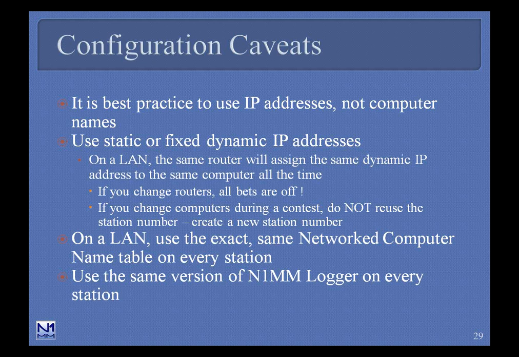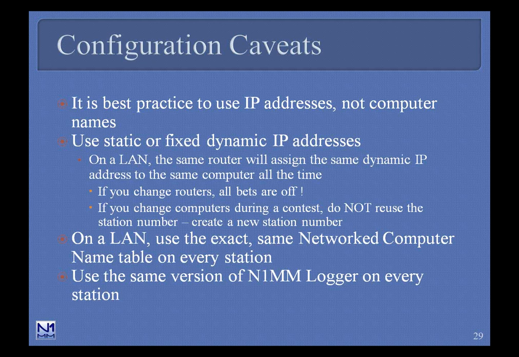And that's a very good thing, because it means that if a station goes down and you need to reboot it for some reason, when it comes back up and reconnects to the router, it will be assigned the same IP address. However, if your router breaks during the contest, or you don't think it's working right, and you change routers, all bets are off.